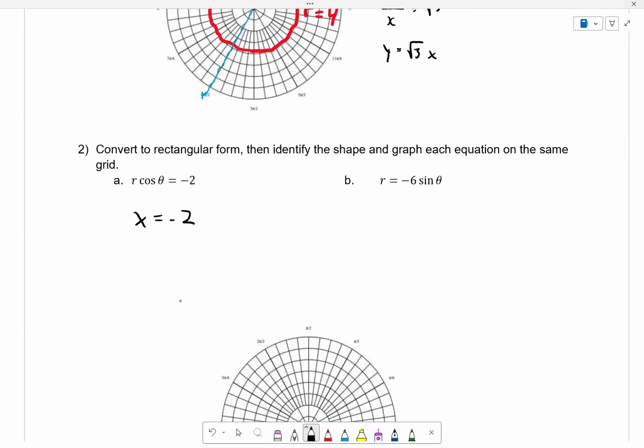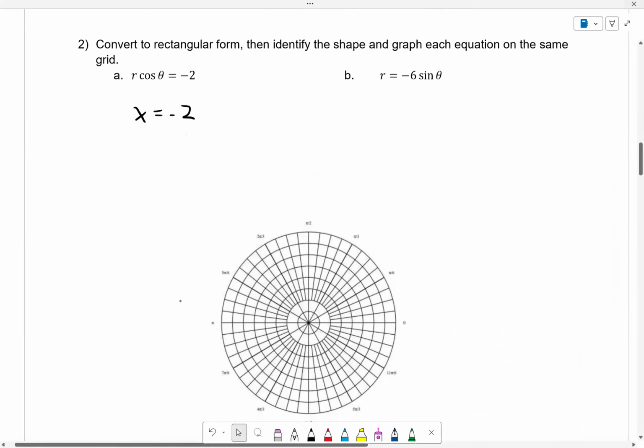Show me what this line looks like. It is a vertical line going through the x-axis at -2. So now suddenly we're looking at this in terms of rectangular instead of polar. I'll label this as r cosine theta equals -2.